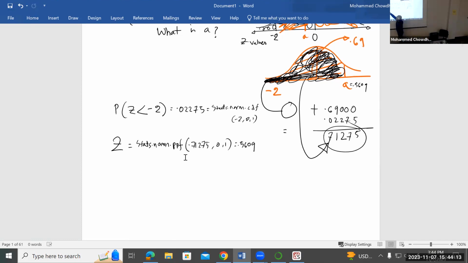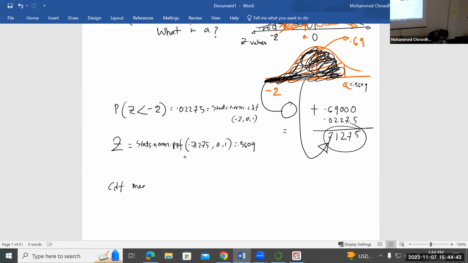stats.norm.ppf. PPF means what? You are given a probability or percentage or frequency, and you are finding the Z value. CDF means you are given the Z value, and you are finding the probability. And PPF means you are given the probability, and you are finding the Z value. So let me write here.